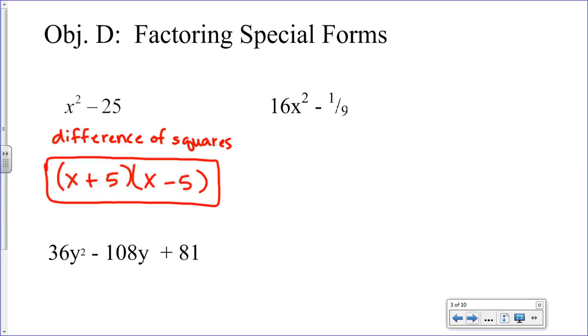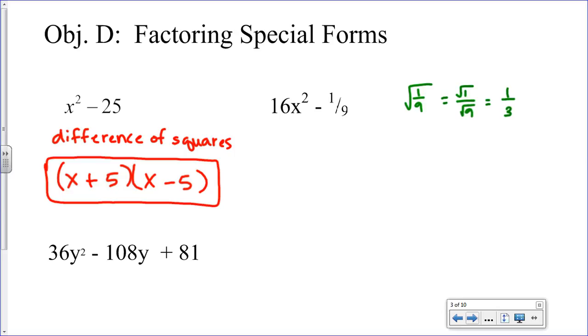Okay, here. Is 16x squared a perfect square? Yeah. What about 1/9? Yes, because 1 is a perfect square and 9 is a perfect square. That's how you think about square roots of fractions: square root at the top, square root at the bottom. So what is the square root of 1/9? 1/3.